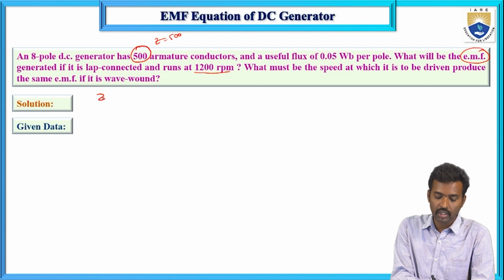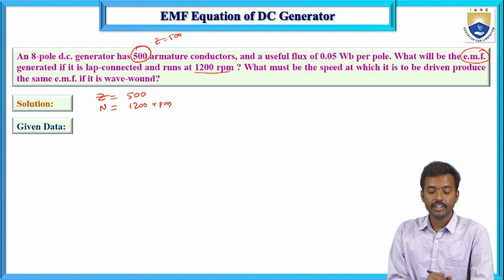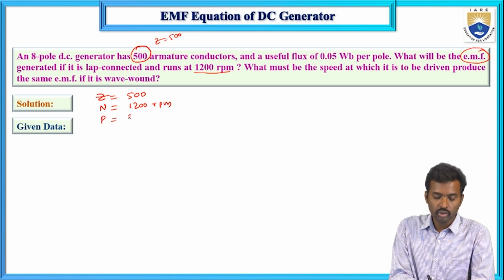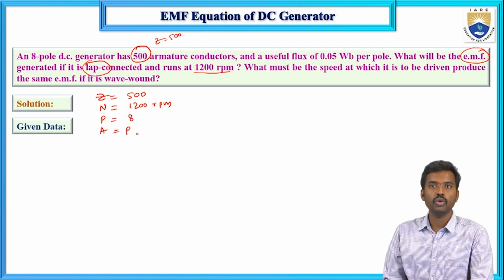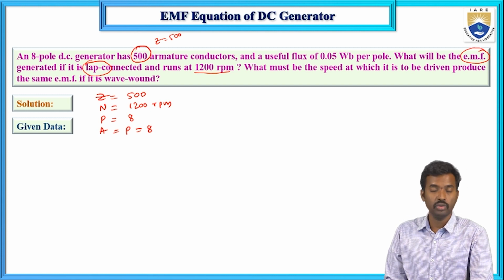First Z equals 500, total number of conductors, and next N equals 1200 rpm, and number of poles equals 8, and this is lap wound connected armature, so A equals P. A equals 2 for wave winding and A equals P for lap winding, so here P equals 8. So A equals P equals 8.